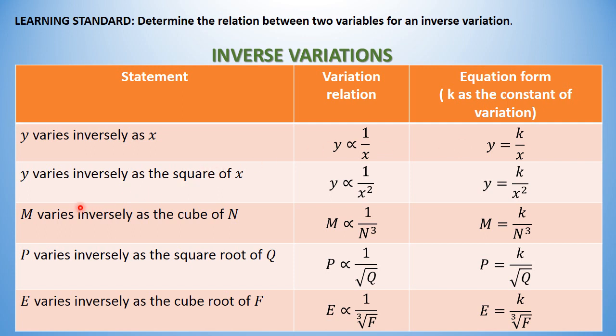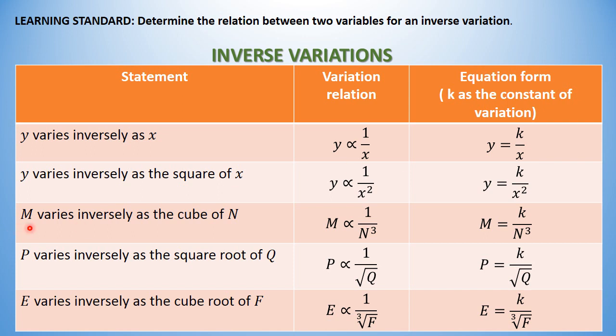Second, y varies inversely as the square of x. For the variation relation, you write y varies as 1 over x squared. Here it is 1 over because of inverse. If you change to equation form, you write y equals k over x squared.